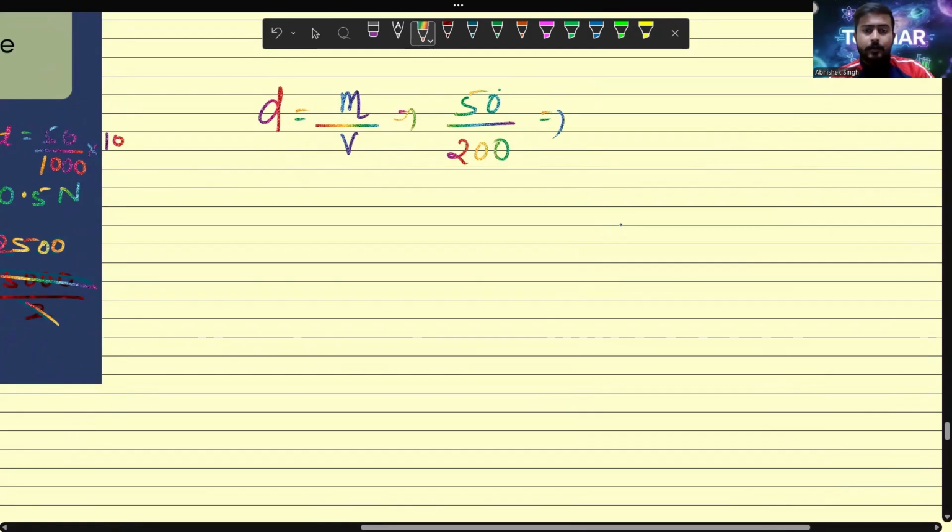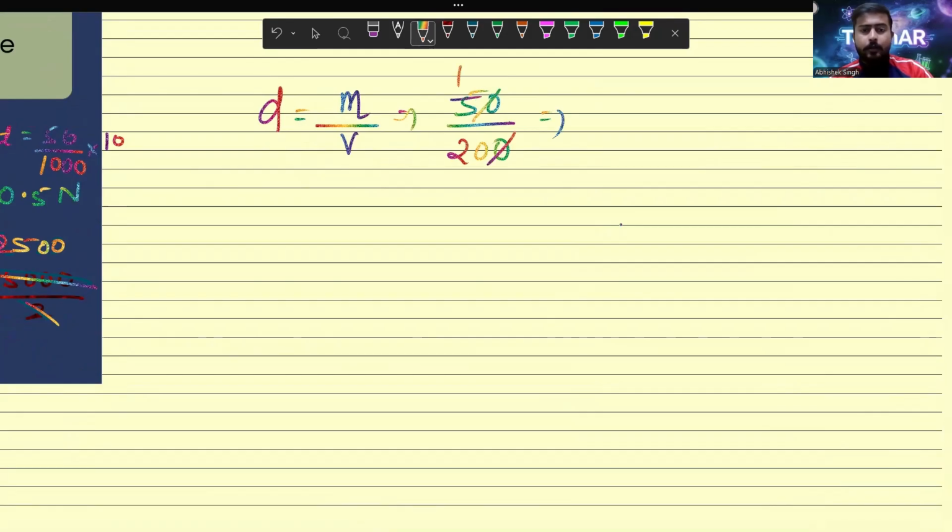Okay, cancel 0, 1 upon 4. We got 0.25 gram per centimeter cube. Yes.